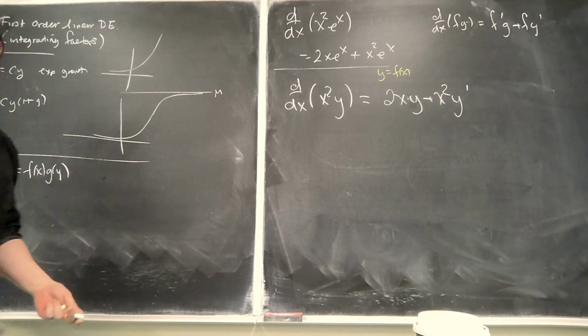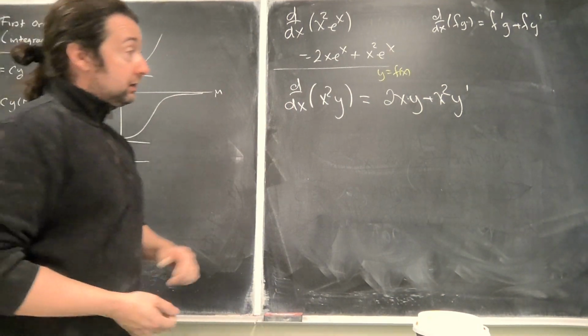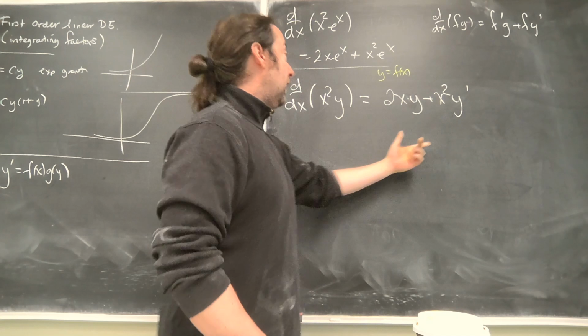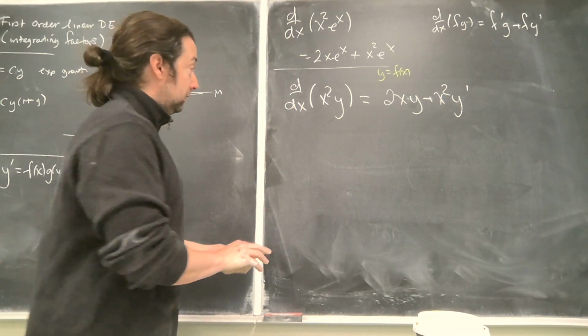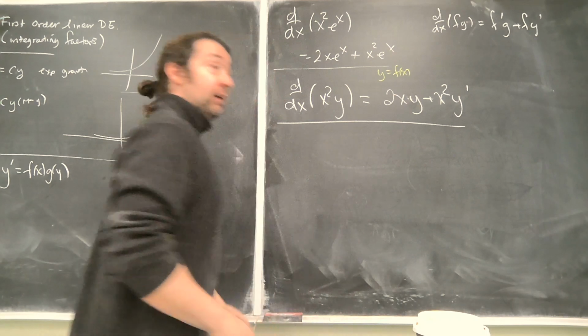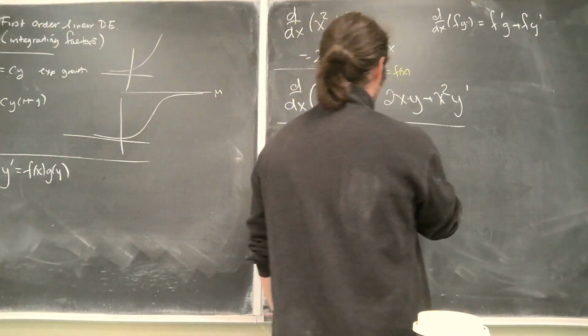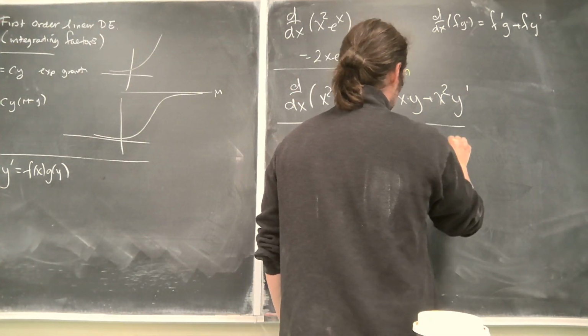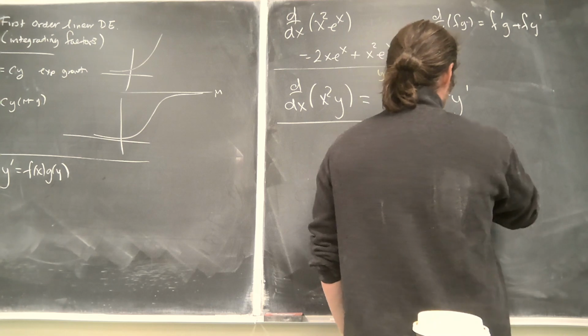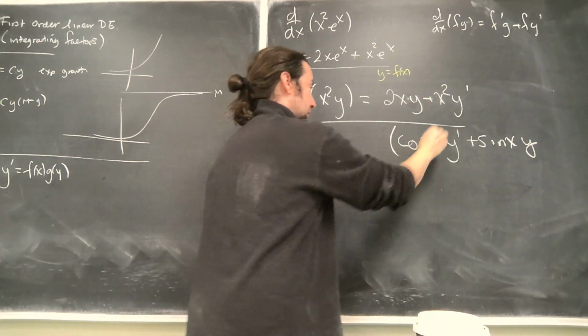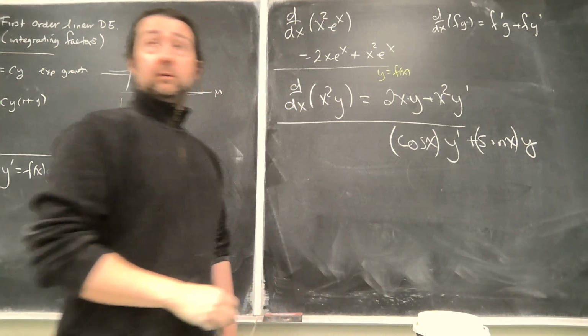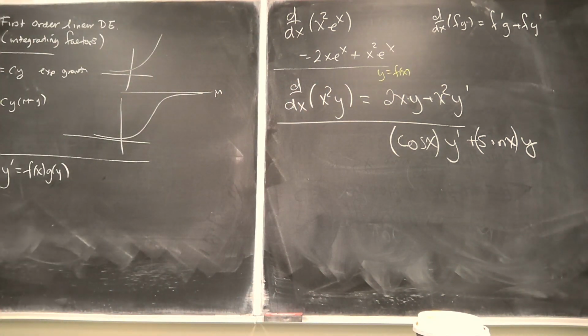So if I recognize that something is the result of a product rule, I can pull it back to an expression involving a derivative. What I mean by that is, if I wrote down something like cosine of x y prime plus sine of x y, and I ask, is that the result of a product rule? It kind of looks like it should come from a product rule.